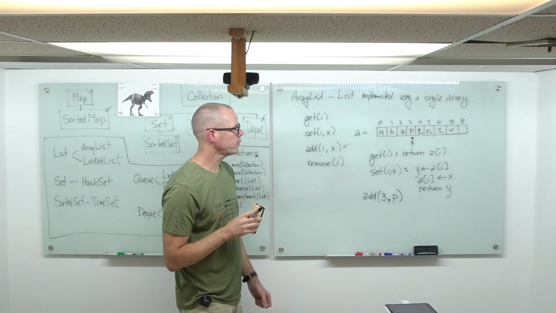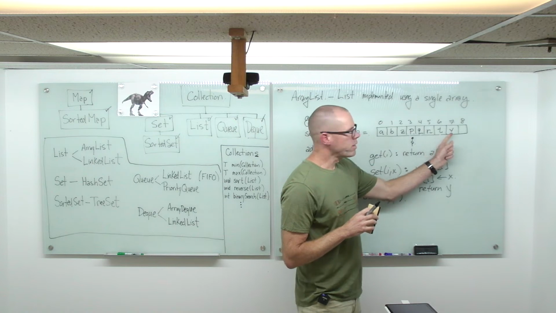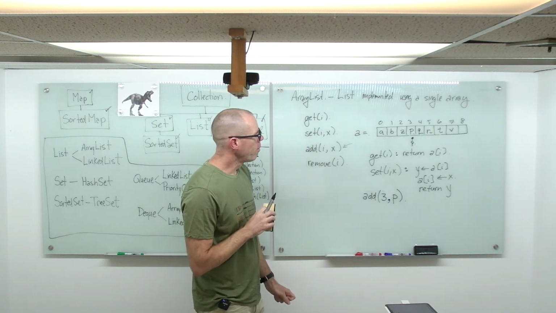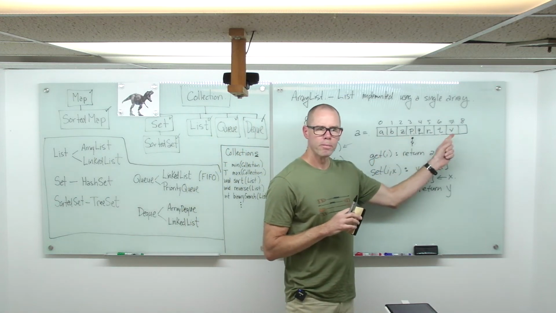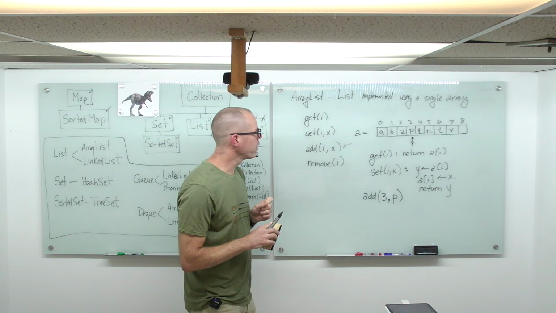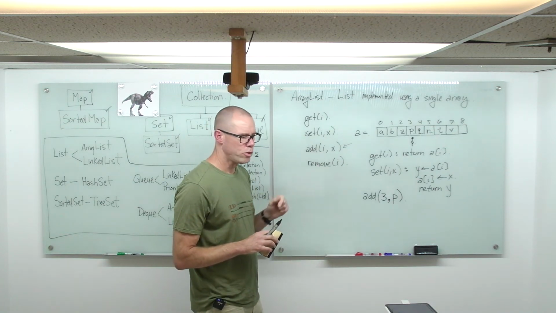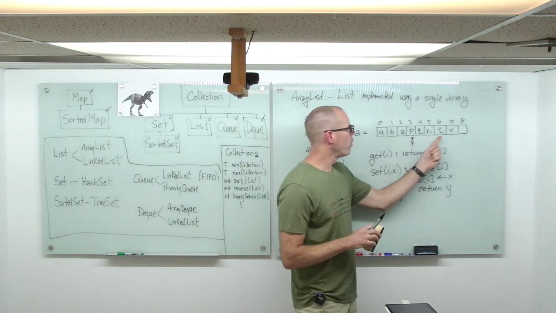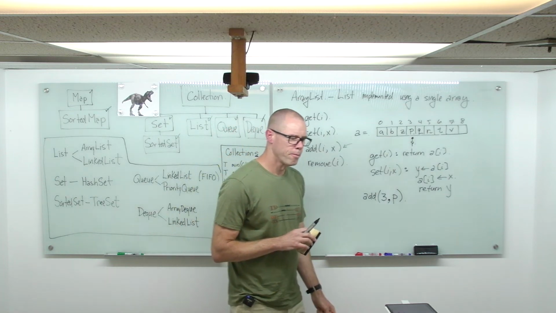Okay. So that's doable, assuming the array has one free position available in it, but it can be slow, right? Depending on the length of your list and the value i that you choose, the number of things that have to move out of the way is n minus i.